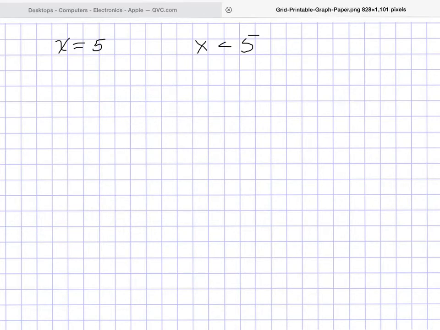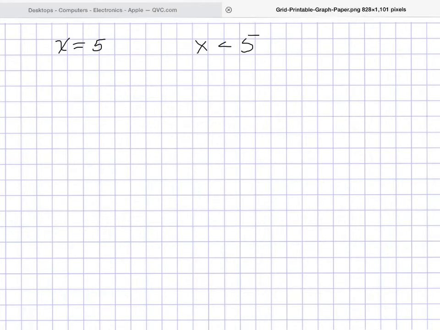Think about a number line and tell me, how many numbers are less than 5? Please don't say 5 numbers are less than 5. Think about the whole number line. Does the number line have a beginning? Does it have an end? So how many numbers are there that are less than 5? Can you count them all?